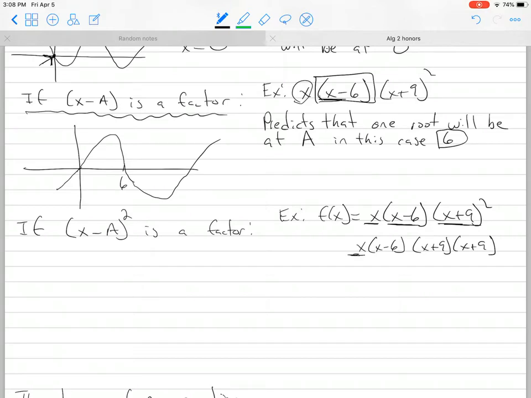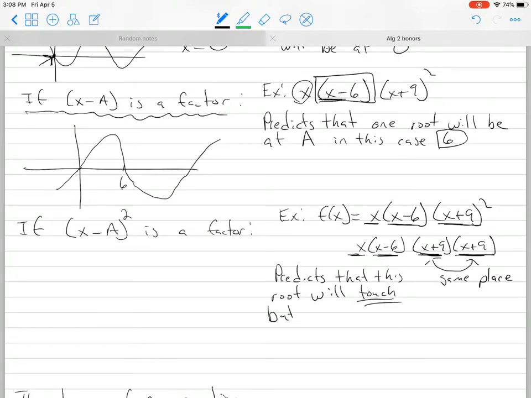So we have 1, 2, 3, 4 roots, but these 2 roots are in the same place. The way I show that is that this predicts that this root will touch but not cross the x-axis.